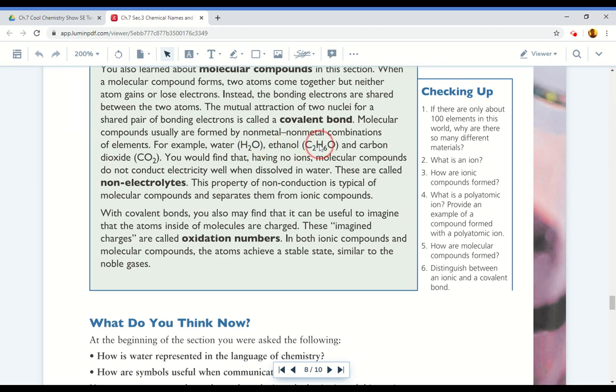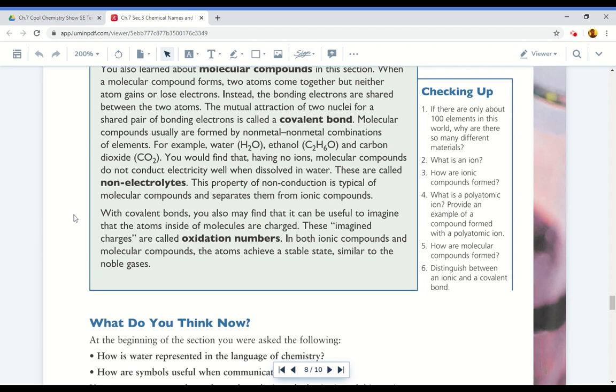You would find that, having no ions, molecular compounds do not conduct electricity well when dissolved in water. These are called non-electrolytes. This property of non-conduction is typical of molecular compounds and separates them from ionic compounds.